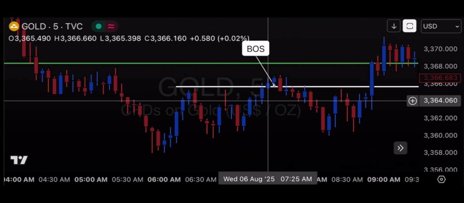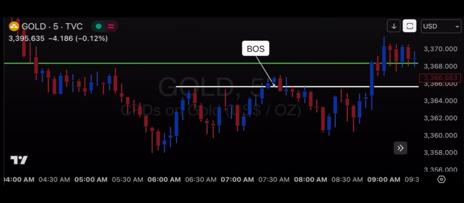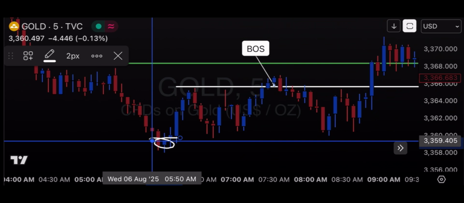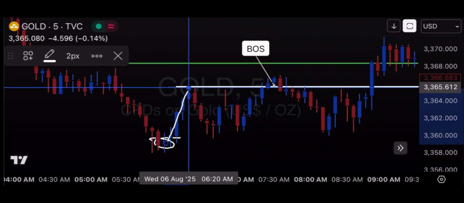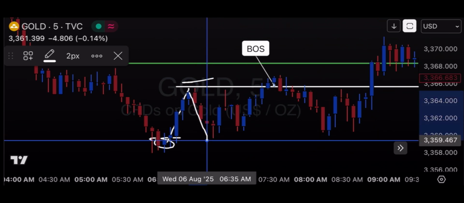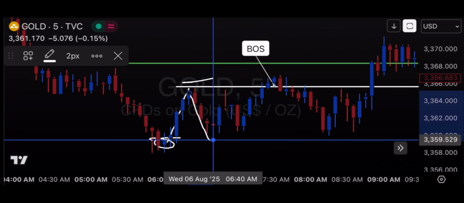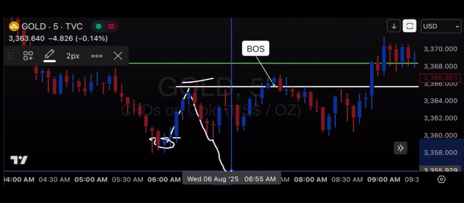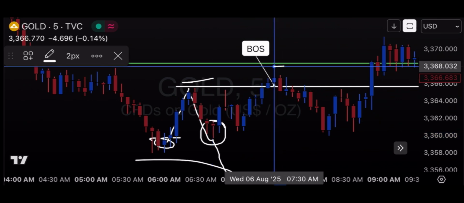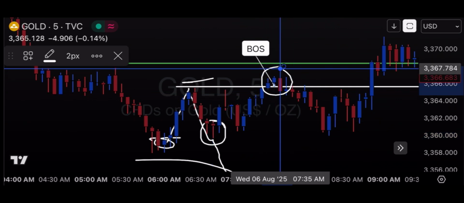Our initial break of structure is here, meaning when we failed to create this lower low down here, so we came up, created this initial high right here for our break of structure, came down, but we failed to continue our downtrend and take this low down here, which means right here is our market shift of structure, and right here is the break of structure.